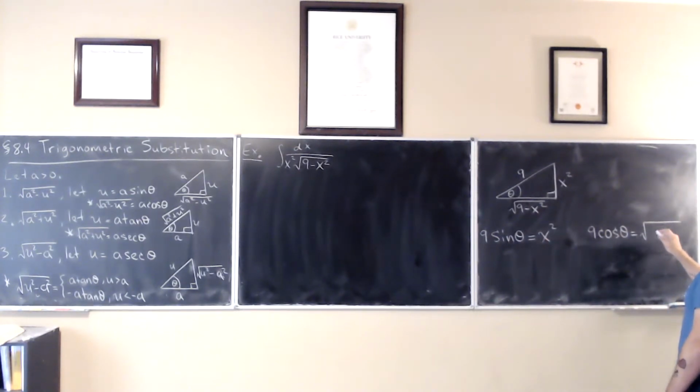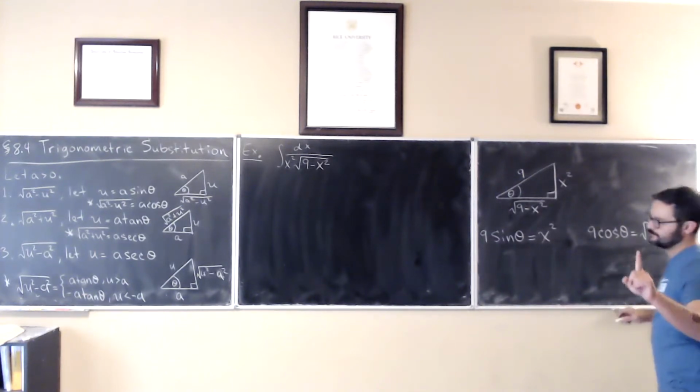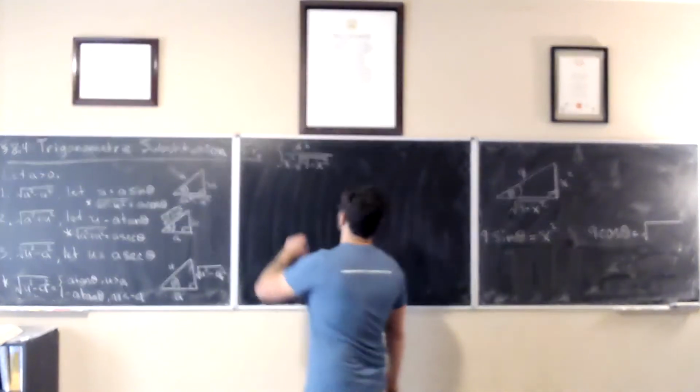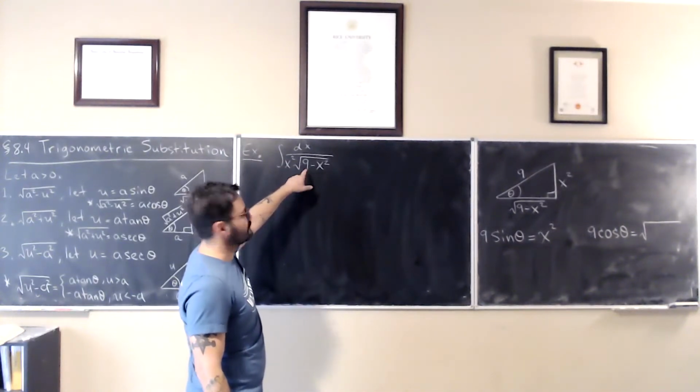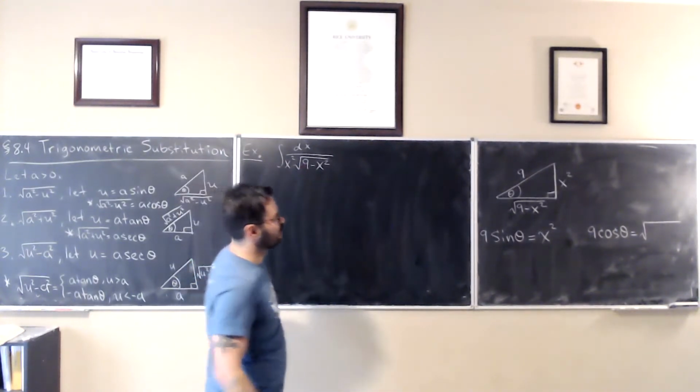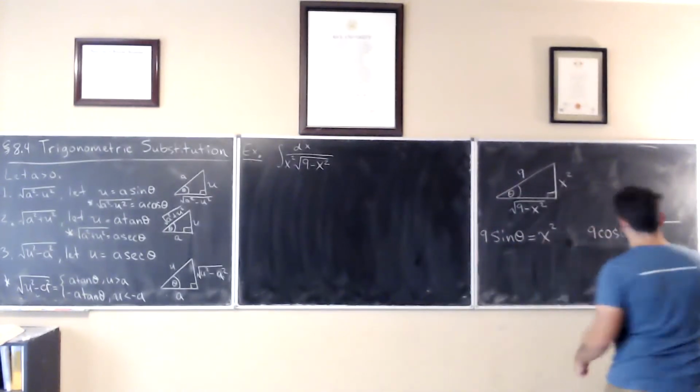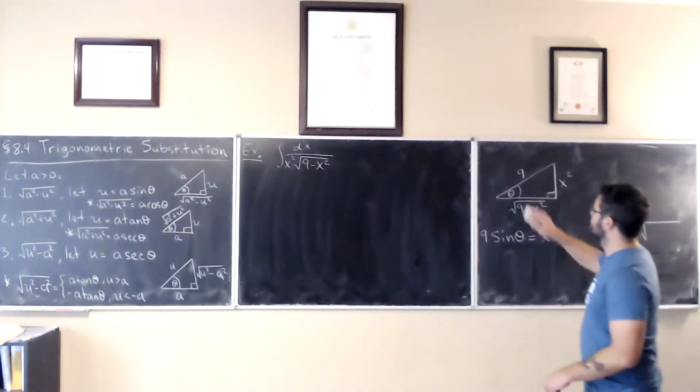So, oh, I need to be careful here. I just noticed something. If 9 is going to be the hypotenuse, the hypotenuse is squared. So actually, I made a few mistakes here.